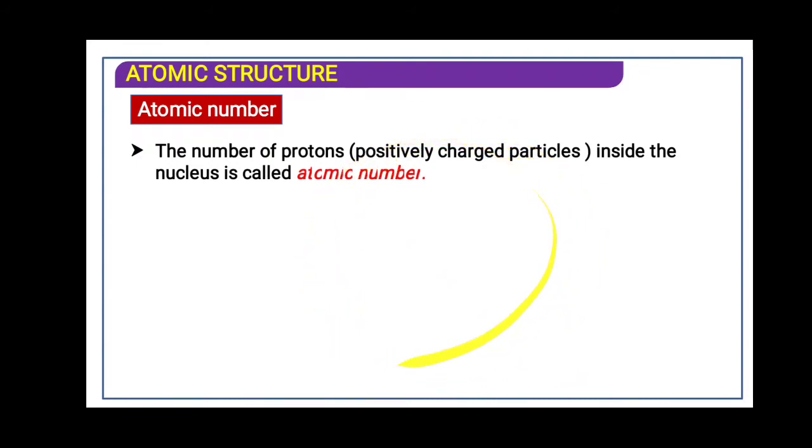The electron revolving outside the nucleus is said to be in an orbit, while protons and neutrons are situated in the nucleus and electrons are revolving around the nucleus.